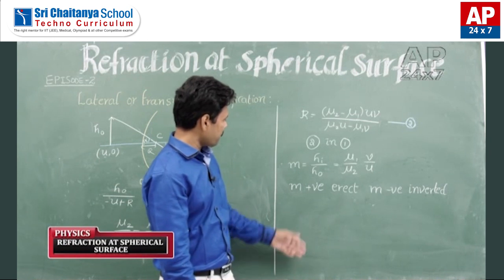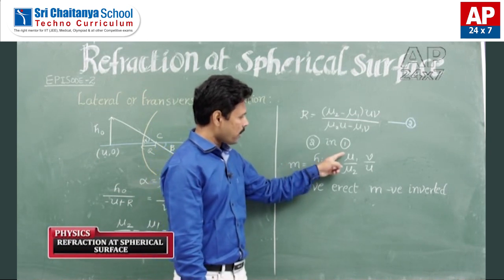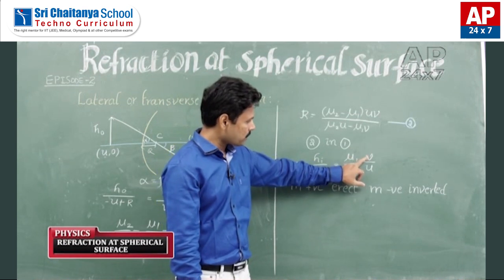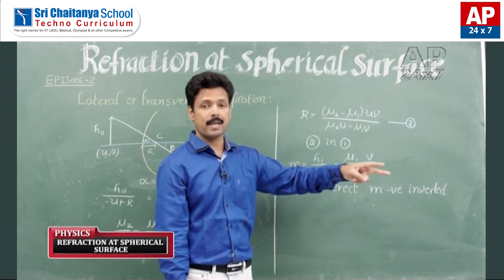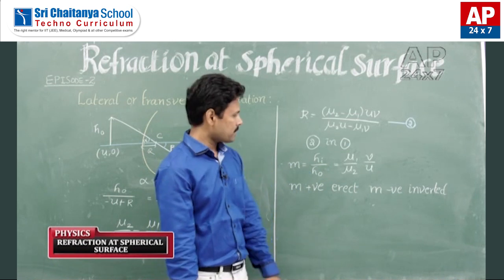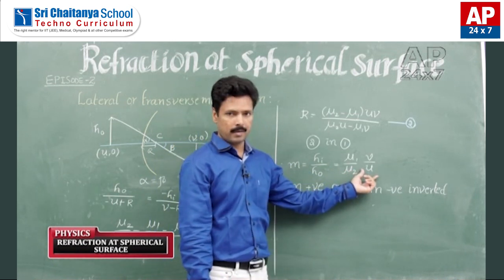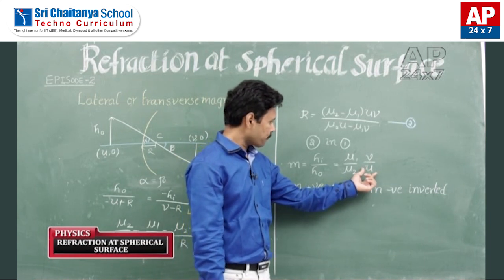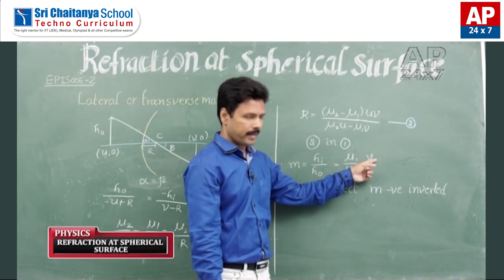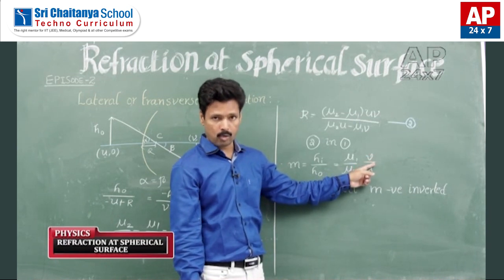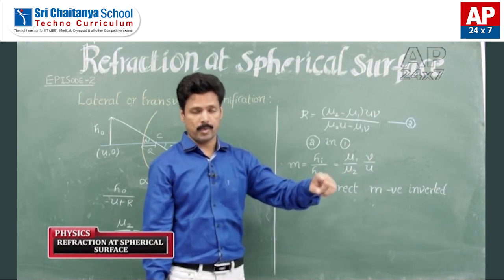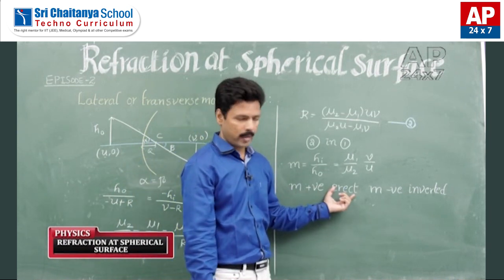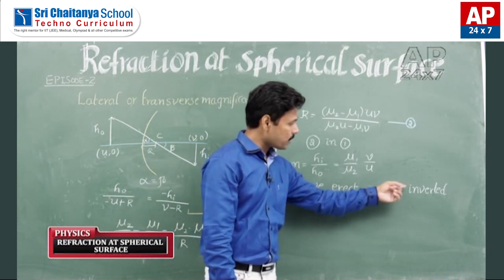That means, see carefully, m equals mu1 by mu2 times v by u. M positive means u and v should have the same sign. That means if the object is real, then u is negative. When u is negative, if v is also negative, it means the image is virtual, then m is positive, so it is erect. M negative means inverted.